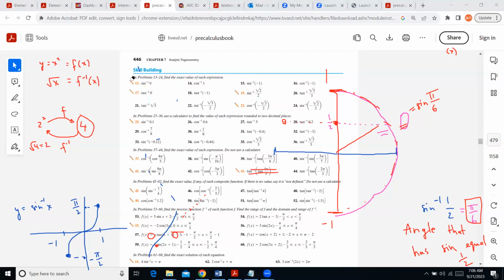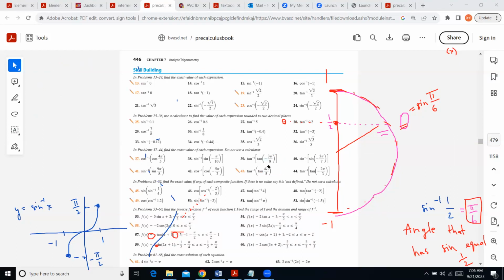and take exercise number 13 and decide what would be arcsine of 0. So what angle has sine equal to 0? Well, I can look at that half of a unit circle and make a decision on that.